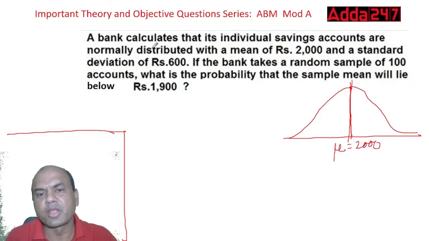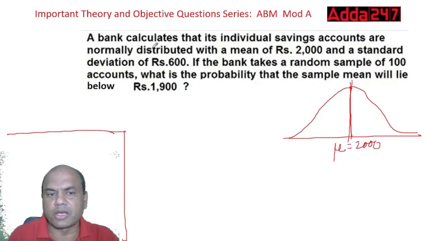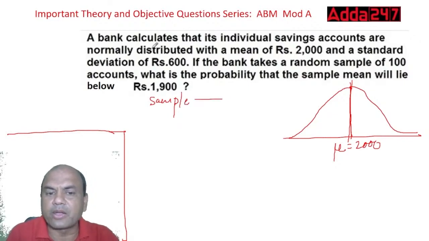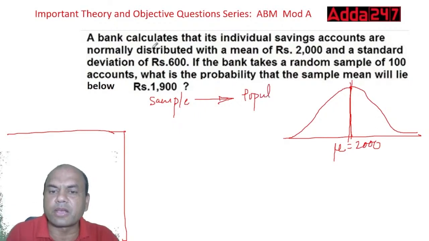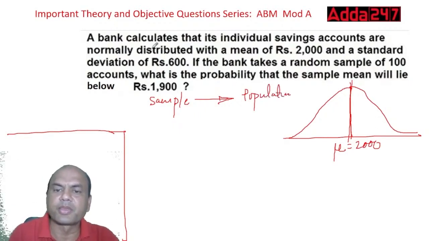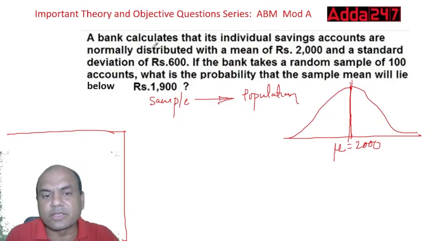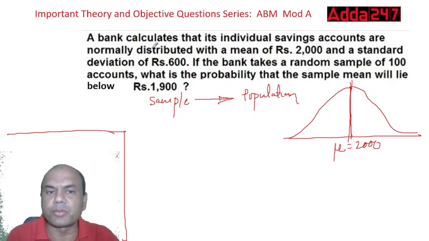Always remember, what are we doing actually in this numerical? We are taking a sample, doing something on the sample, and then applying it to the entire population. This is the meaning.